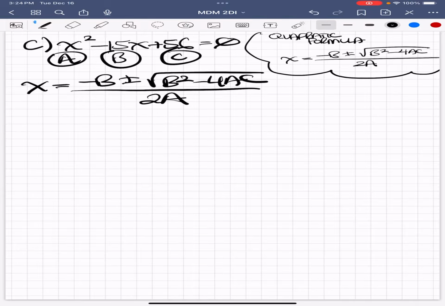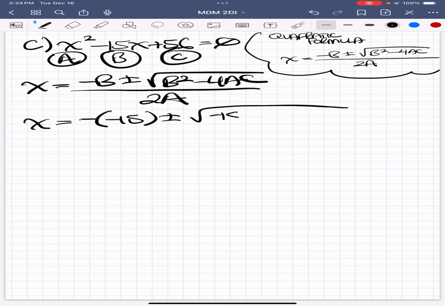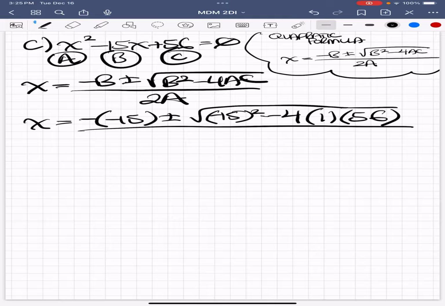And then we're going to input values of a, b, and c into the formula. And then we're going to be simplifying the equation.